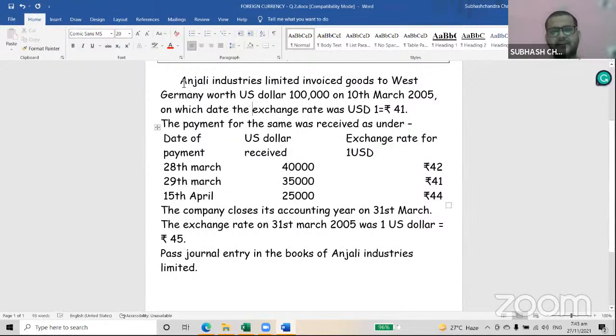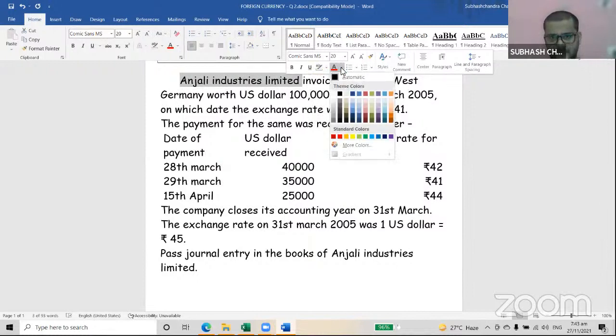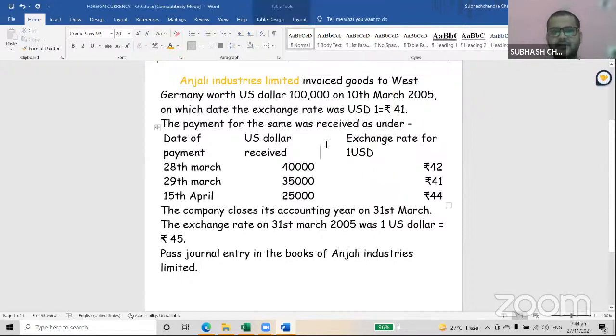Okay. Now see what is given. In the books of Anjali Industries Limited, we will do all the work. Invoiced. Can anyone tell me what is the meaning of invoiced here?